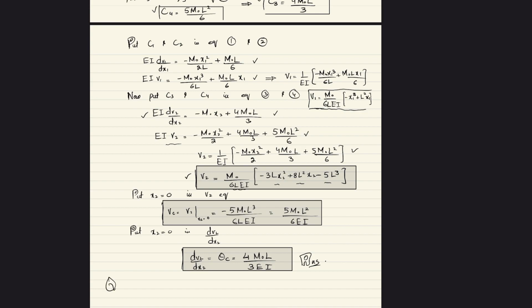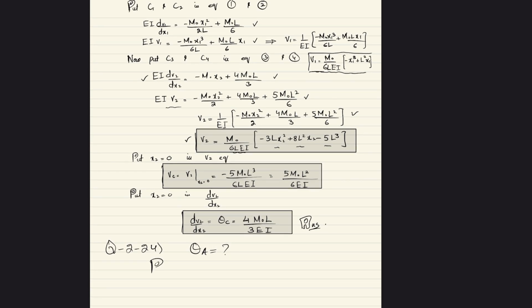This is question number 2-24, where you have to find the slope at point A. So put x1 is equal to 0 in this equation.